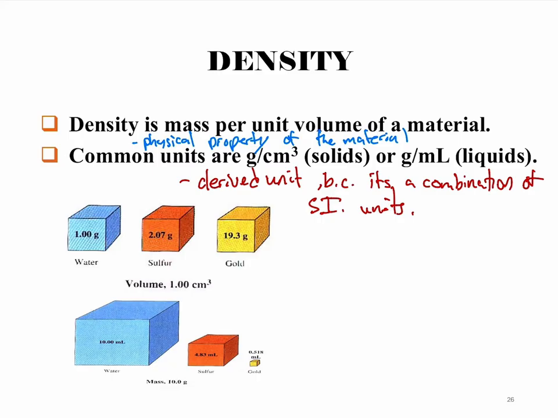So density gives us a relationship between the mass and the volume of a material. And the equation for density is that the density is equal to the mass divided by the volume. The M is the mass, capital V is the volume.